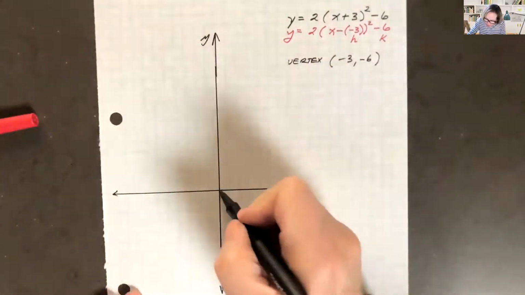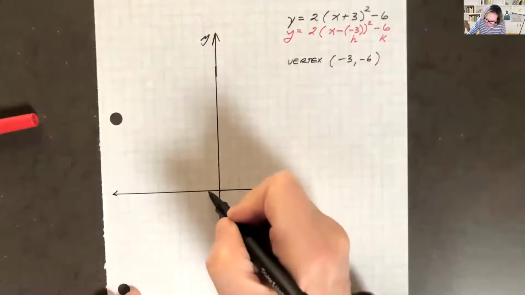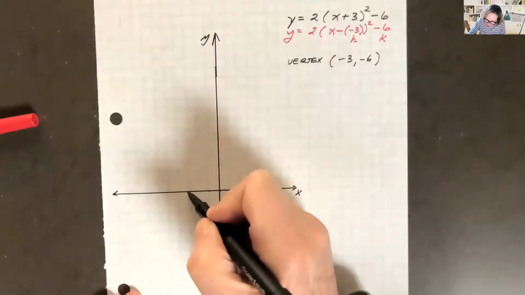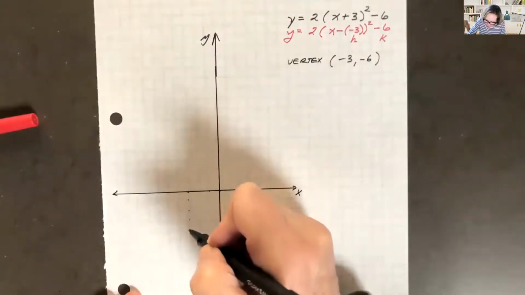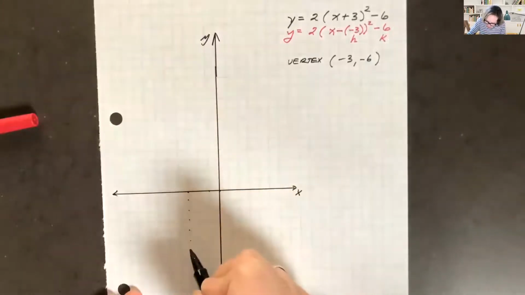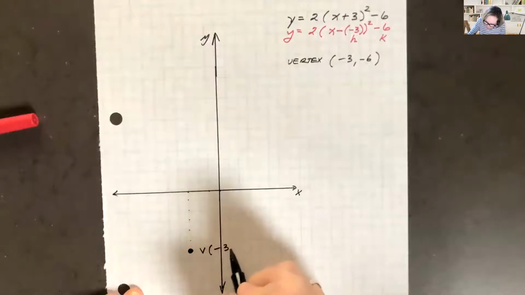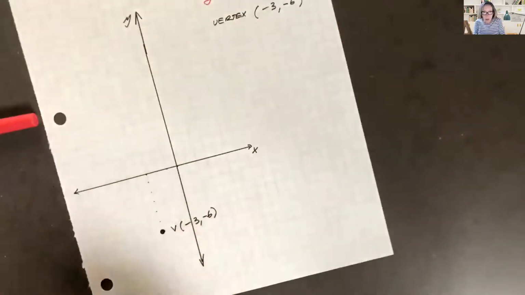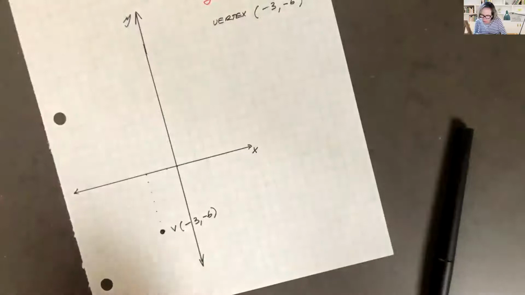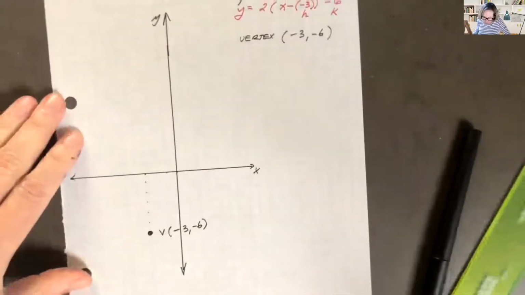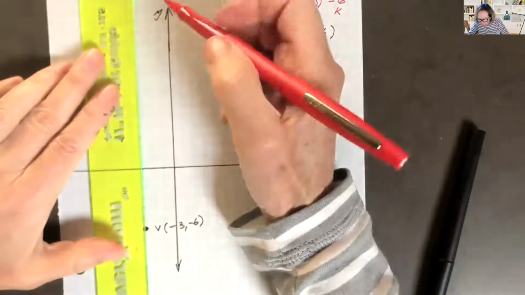Okay, so we're going to go and plot that. We're going to go left by 3 from the origin, 1, 2, 3 to -3, and down by 6: 1, 2, 3, 4, 5, 6. And I'm going to label that as the vertex at (-3, -6). And I'm going to draw a dashed line, the axis of symmetry, vertically right through that.